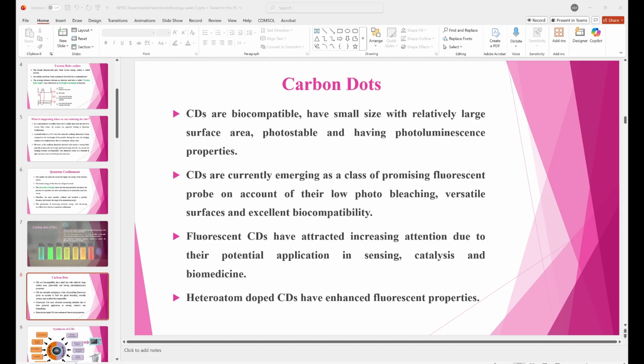Yes. So we know that cancer cells produce a lot of GSH. So this GSH will react with your quencher shell.